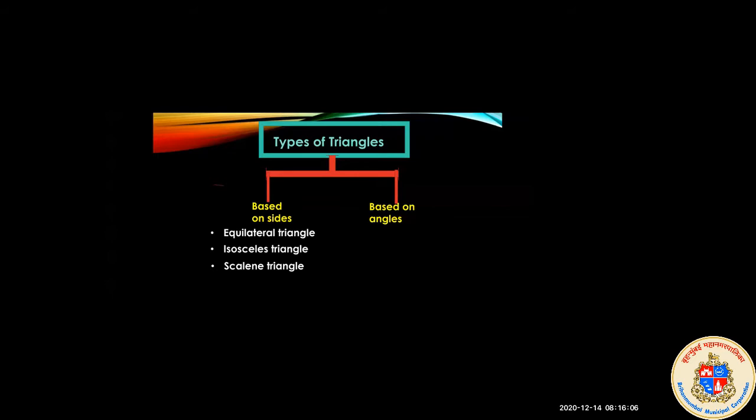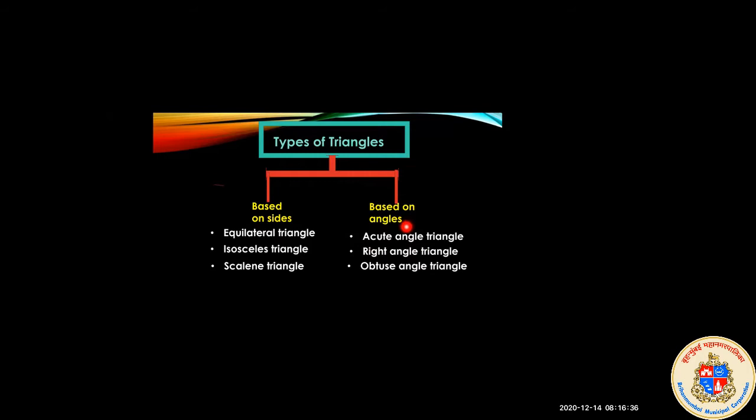So there are 2 types of triangles, based on sides and based on angles. Triangles based on sides are equilateral triangle, isosceles triangle, and scalene triangle. Now students, you have to learn the names of these also, the words and spellings. Then based on angles are acute angle triangle, right angle triangle, and the third is obtuse angle triangle.